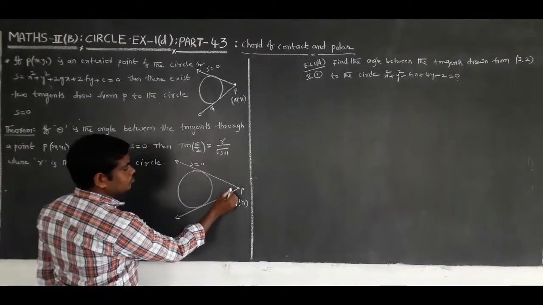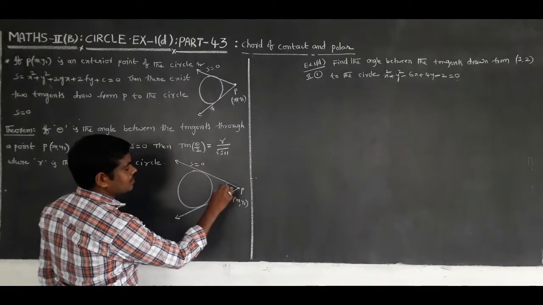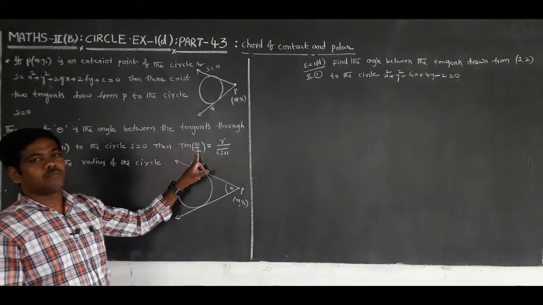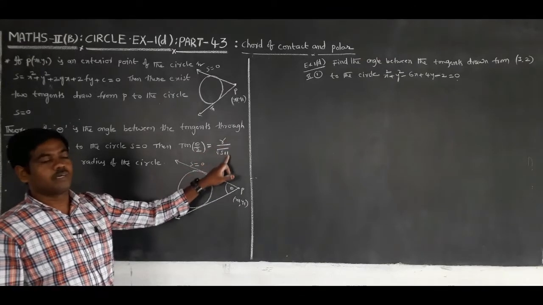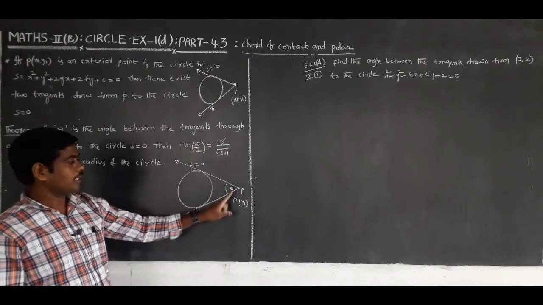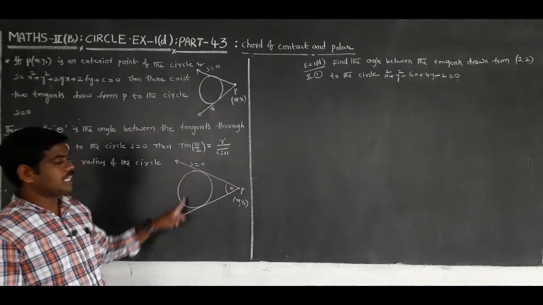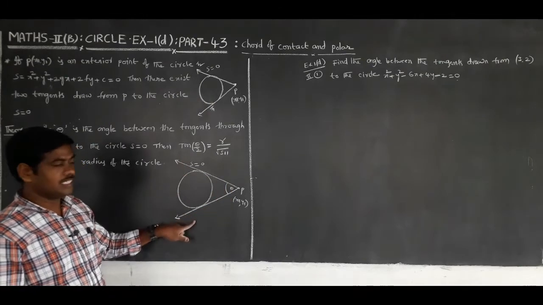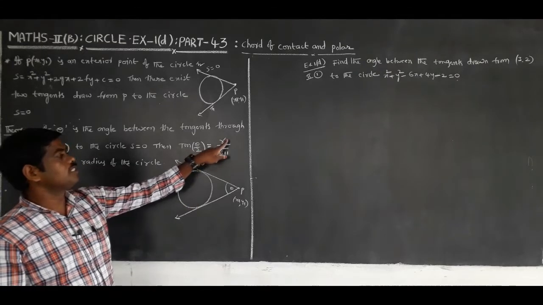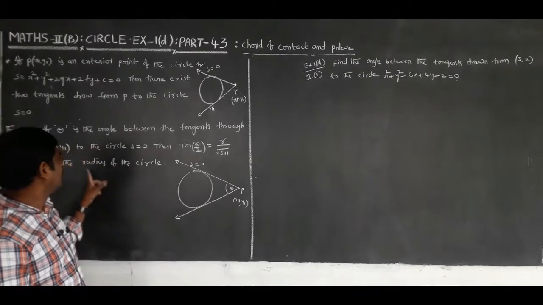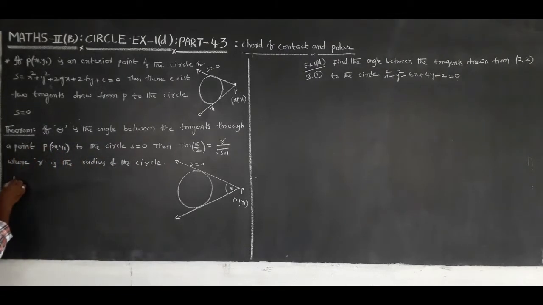Here we prove that if theta is the angle between the two tangents, then tan theta by 2 is equal to r by root S11. Here r is the radius of the circle.